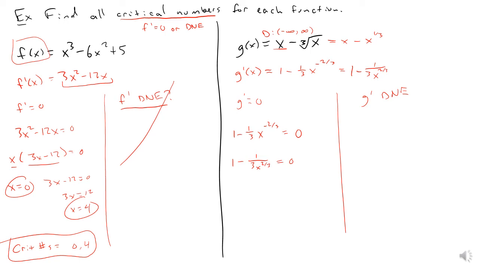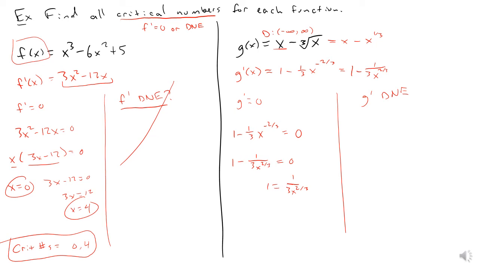So if I'm going to solve this equation, there are multiple approaches you can take, but personally, what I would do first is move that 1 over 3x to the 2/3 to the other side of the equation. Alright, so you have 1 equals 1 over 3x to the 2/3.